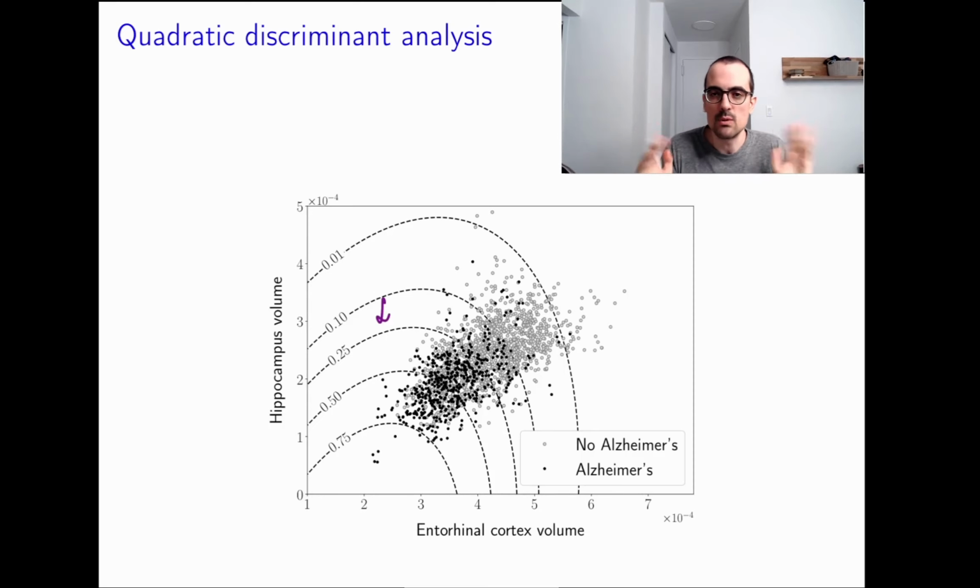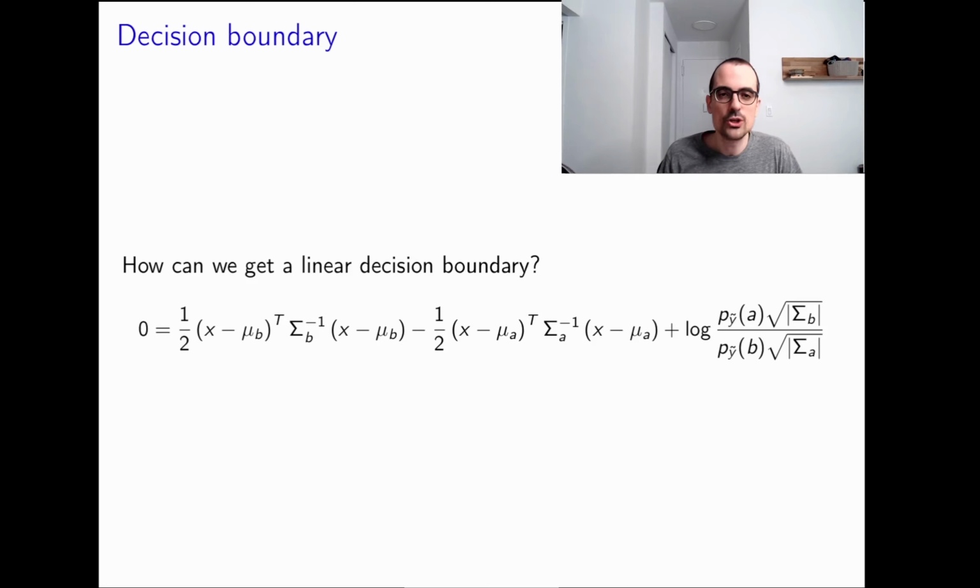You might say, I want a linear boundary because this is easier to explain to the doctors, for example. Or I think it's going to be more robust when I apply it to a different population because I don't trust these things, I don't think the boundary should actually be quadratic. So how could you achieve a linear decision boundary?